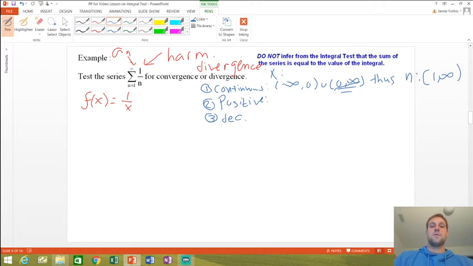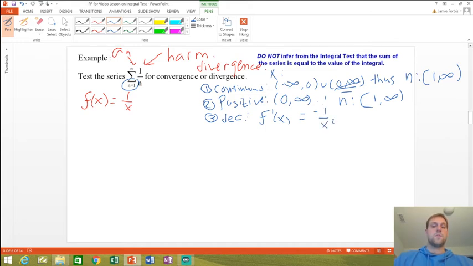When is this function positive? Well, we probably know that it's positive from 0 to infinity. And therefore n is also positive on that same interval, but more specifically 1 to infinity, because that's where my sequence is starting. And decreasing, remember how we show decreasing is based off of the derivative. So f prime of x equals negative 1 over x squared.